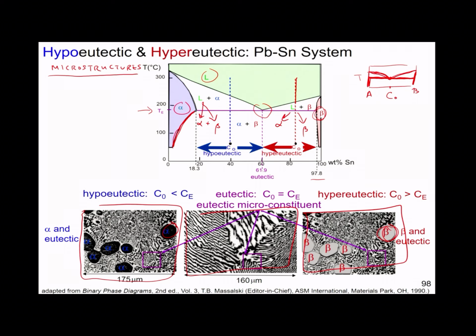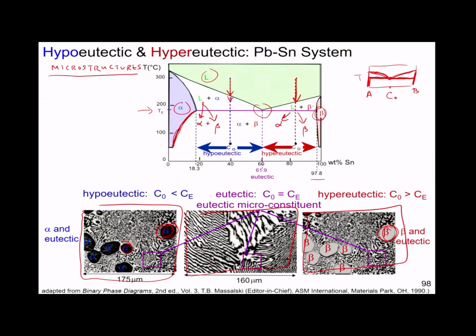The primary or proeutectic alpha or beta form before. So once you encounter this liquidus right here, if you're in the hypoeutectic composition region, you immediately start forming these primary blobs.